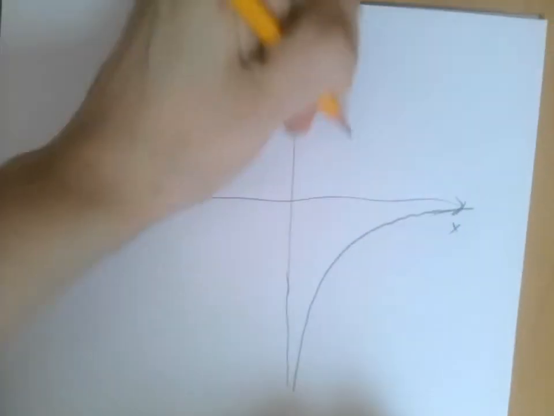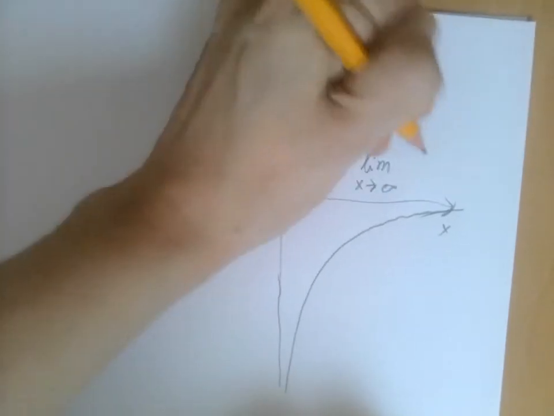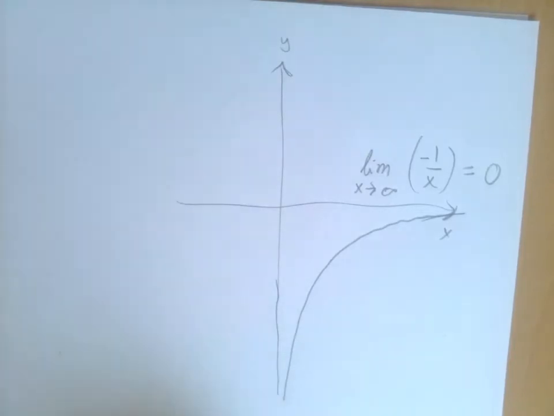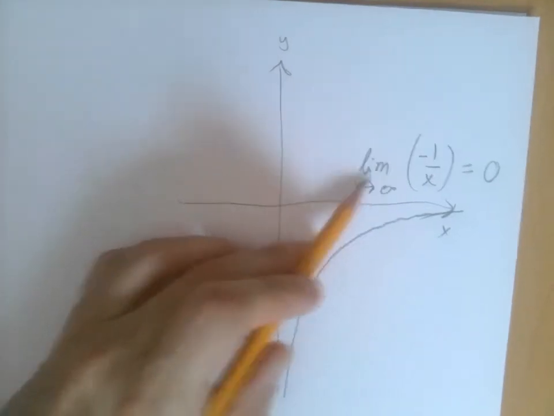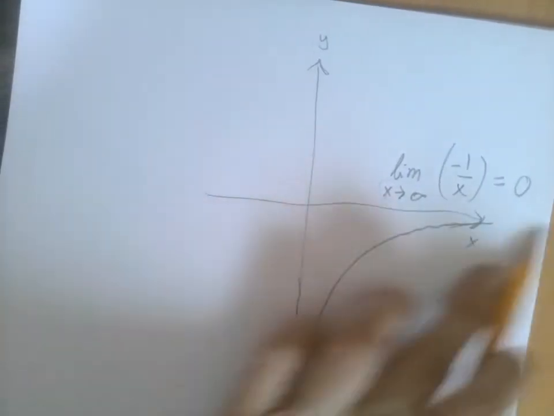So here we can say that the limit as x approaches infinity of minus 1 over x is 0. Now that's a much more interesting limit. And in this particular case, it means that we have the same instruction about the where, which is the horizontal. X approaches plus infinity.